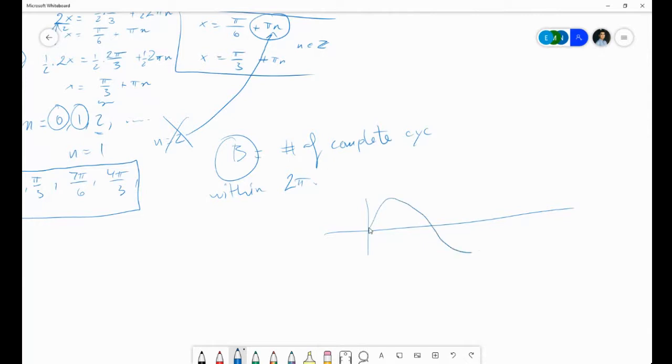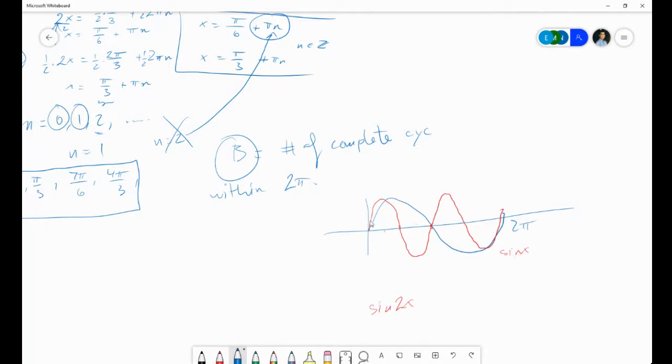So if you have sine of x is this, this is just sine of x. Now, sine of 2x means that you're going to have 2 complete cycles. So you're going to have something that looks like this. You're going to have 2 complete cycles within 2 pi.